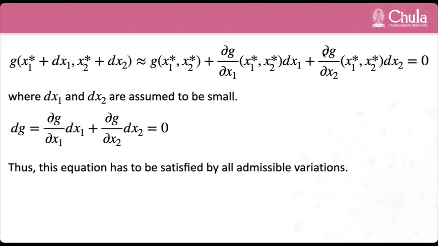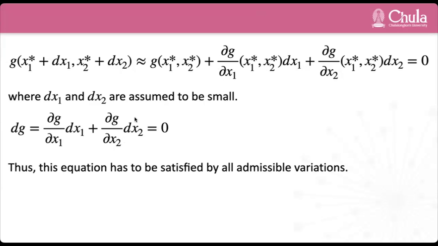So we have the summation of these two terms. It's quite long to write, so we remove x1 star and x2 star here. We write just the partial derivative of g with respect to x1, plus the partial derivative of g with respect to x2. This should be zero.